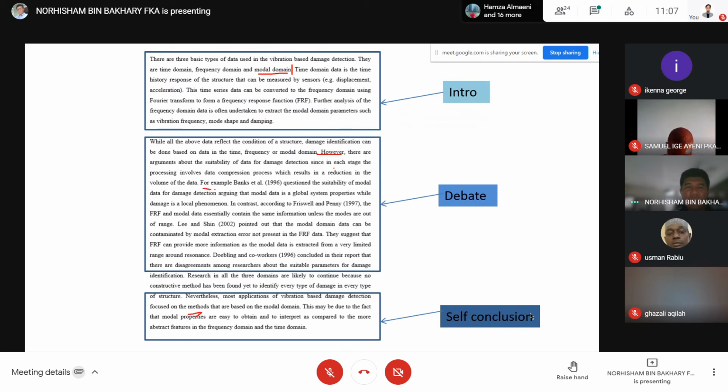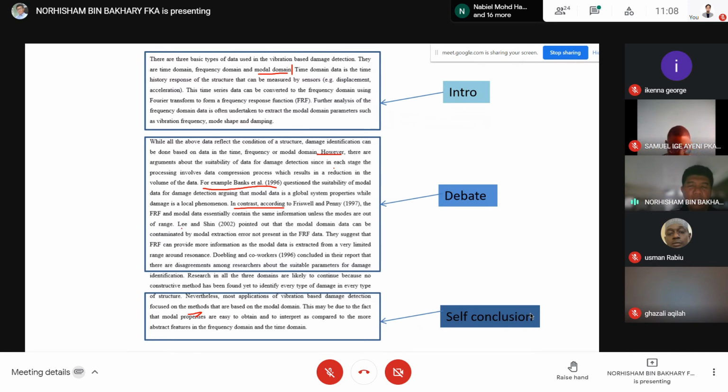However, in contrast, Penny doesn't agree with Banks. So he says, in contrast, according to Fritzen and Penny, 1997, the FRF, the modal data essentially contains the same information unless, see, so Fritzen and Penny say the modal data is good.